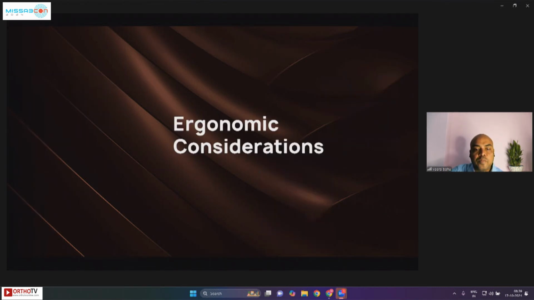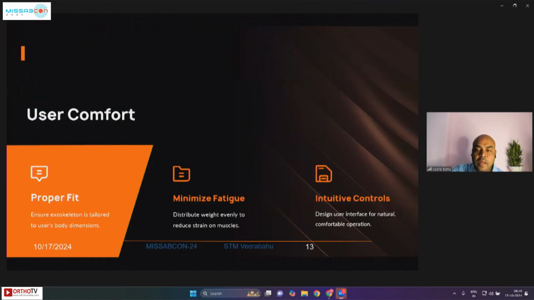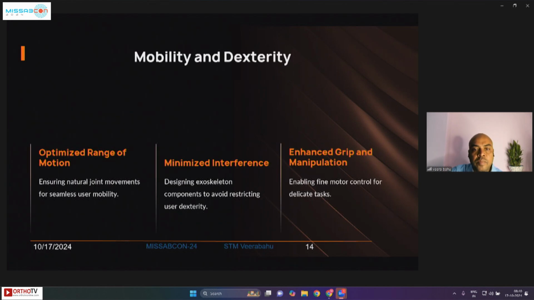In terms of ergonomics, you need a proper fit and minimal fatigue for the patient. The weight distribution has to be even in nature. And you're looking for mobility, dexterity, and very natural movement.